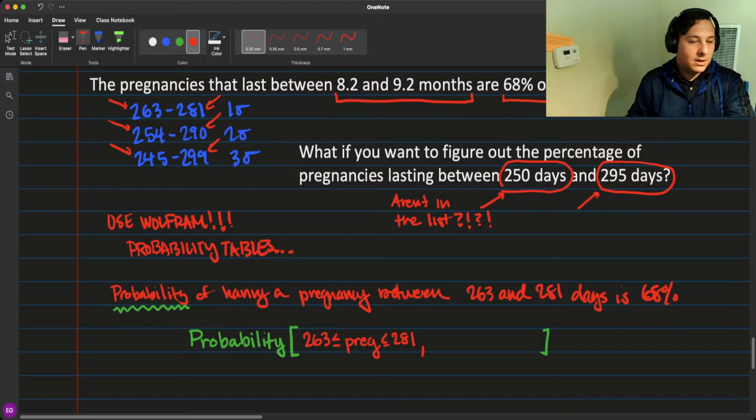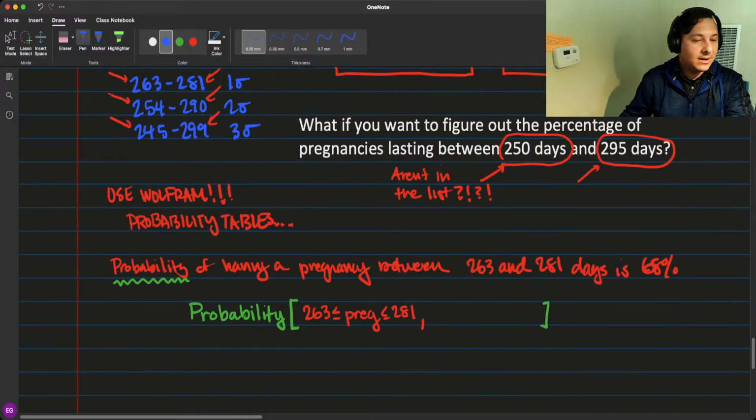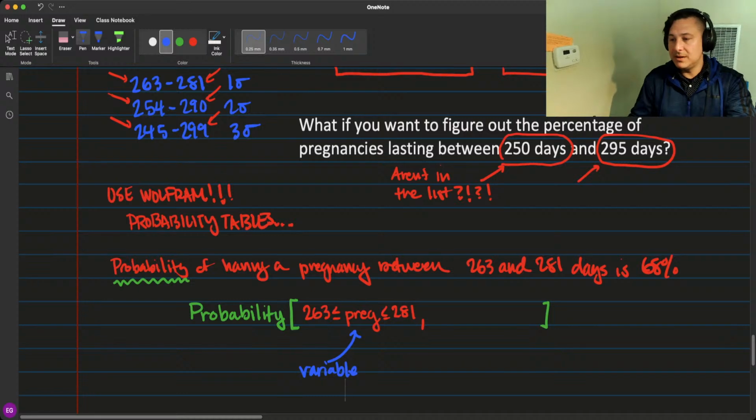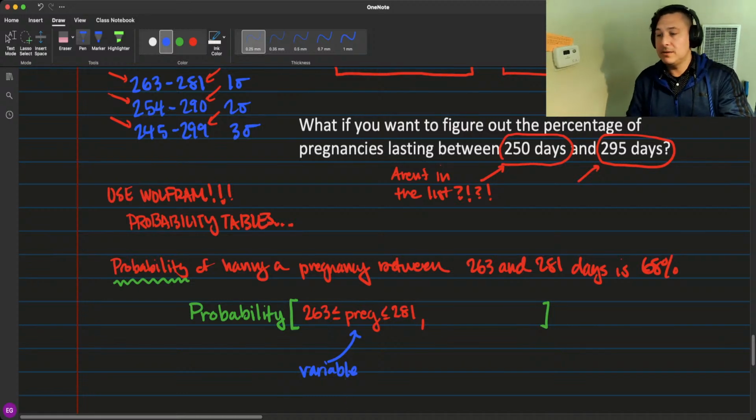Does everyone see how I wrote here 263 less than preg less than or equal to 281? Does it make sense that preg is the name of my variable, which is about the length of the pregnancy? You can put whatever you want there.